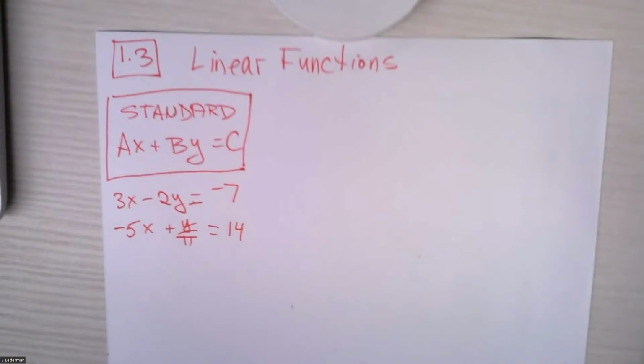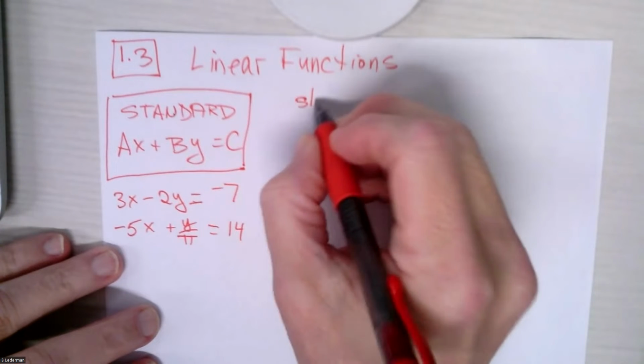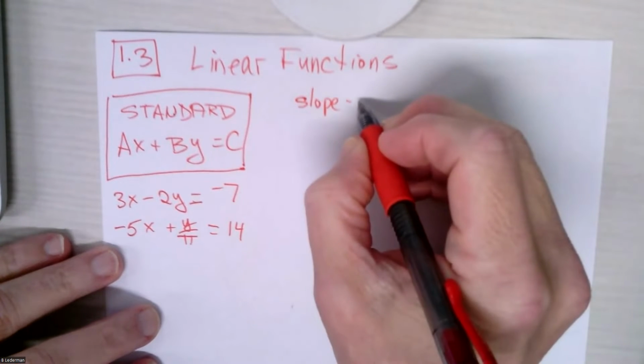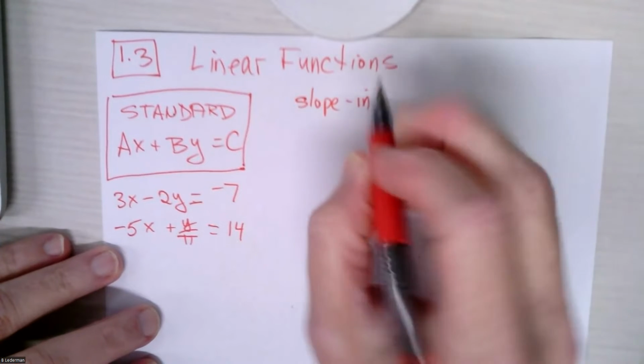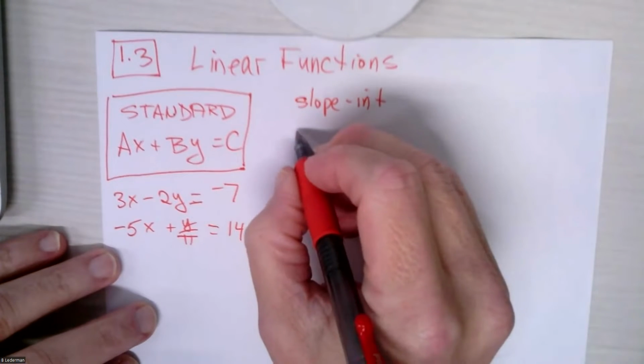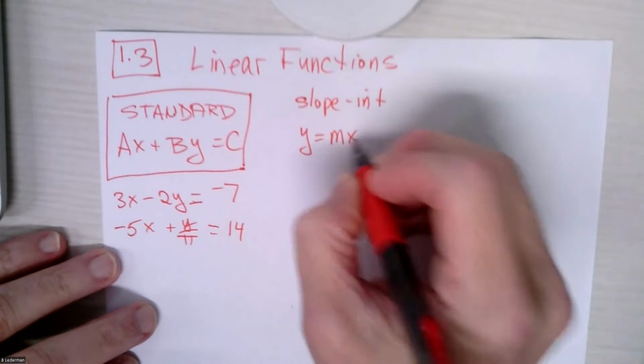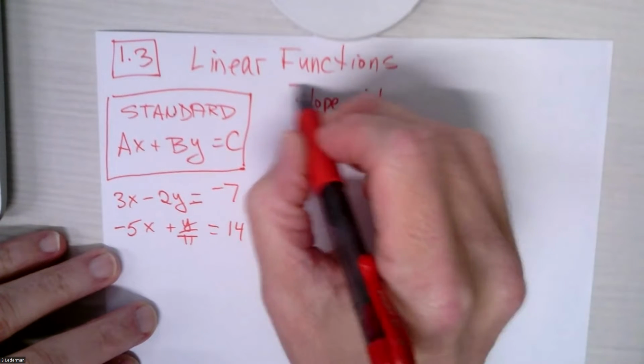And the next very famous form is what we call the slope-intercept form. And this is surely something you've seen before. The slope-intercept form is the famous y equals mx plus b.